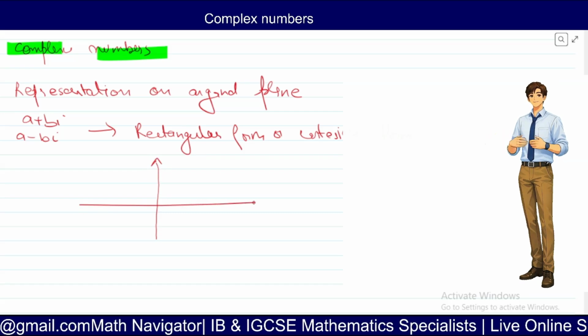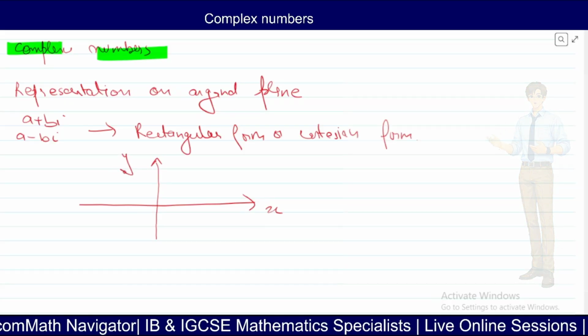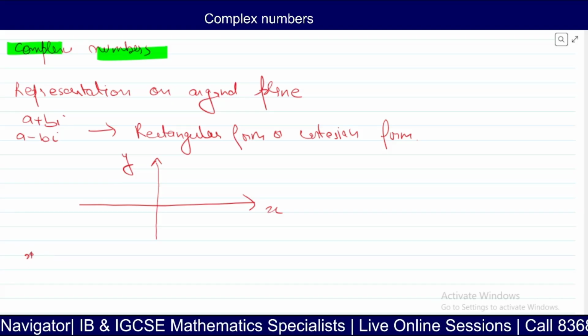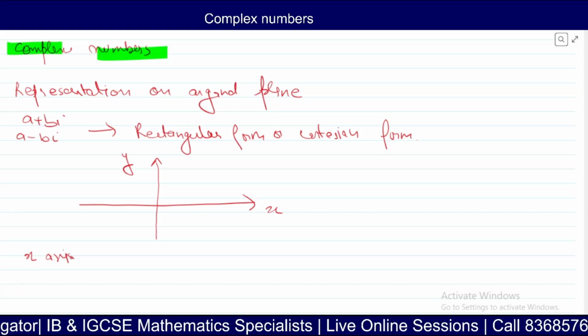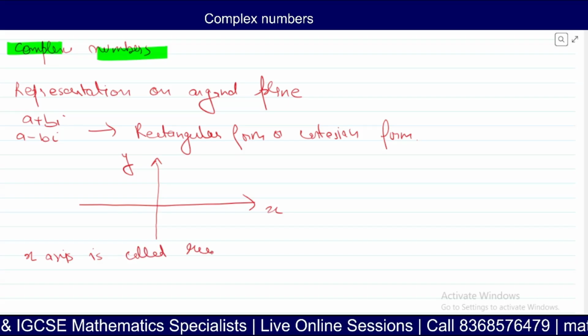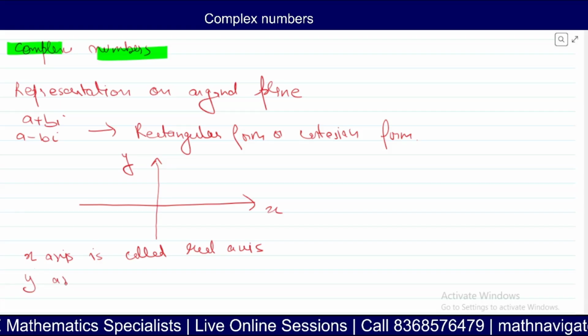Argand plane is nothing but just like an x and y axis. So this is x axis and this is y axis. X axis is called real axis. Y axis is called imaginary.